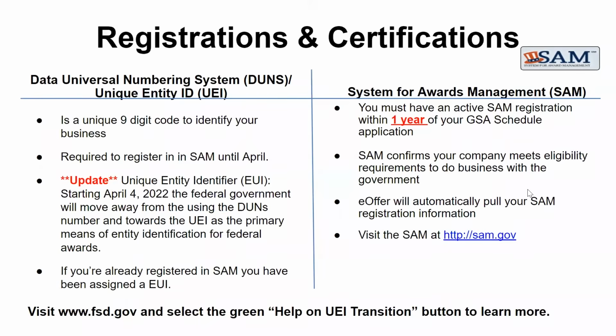If you're looking for more information on the federal transition to the UEI, you can visit fsd.gov and follow the instructions in this deck. Again, the slides will be shared with you at the conclusion of this presentation, so no worries there. The one thing I want you to take from this slide is that we want to ensure your SAM registration is up to date.